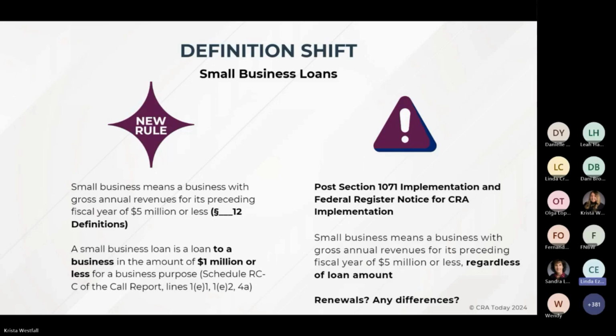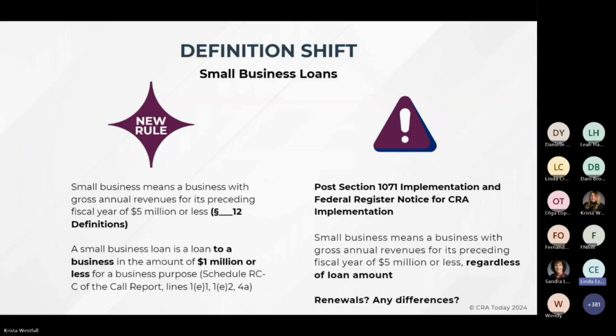So now if we're looking post implementation and more guidance from our regulatory agencies, the new rule says we anticipate 1071 in the narrative, but we will submit a Federal Register notice with more guidance. So until then, we stay on the left here in terms of how we define a small business loan. So it will change, though.